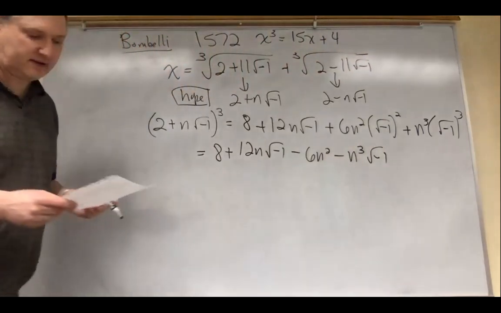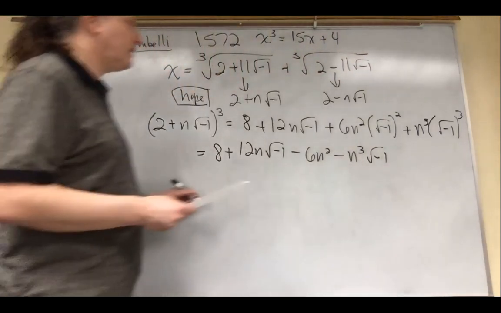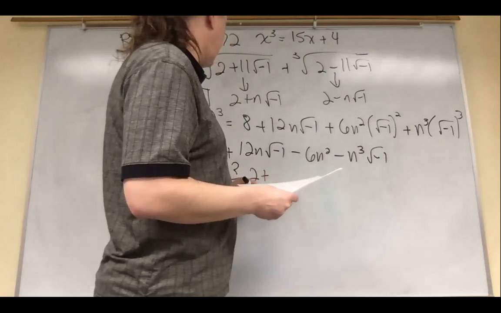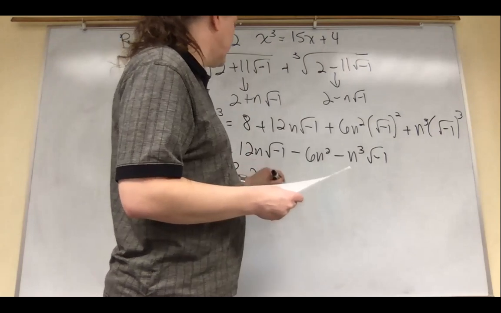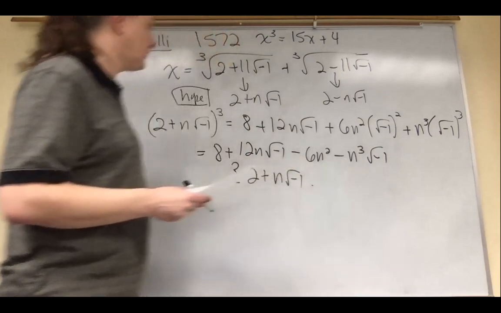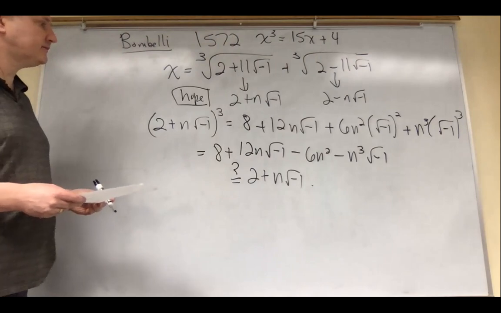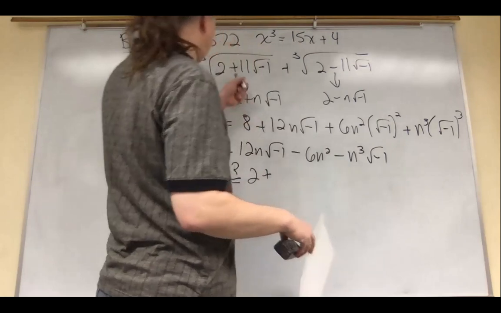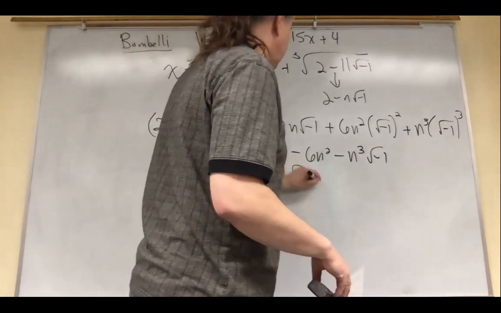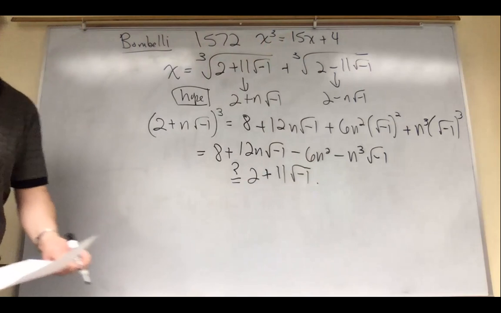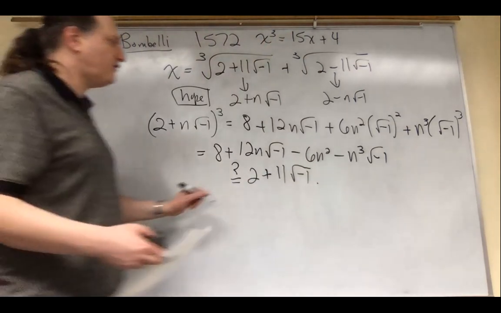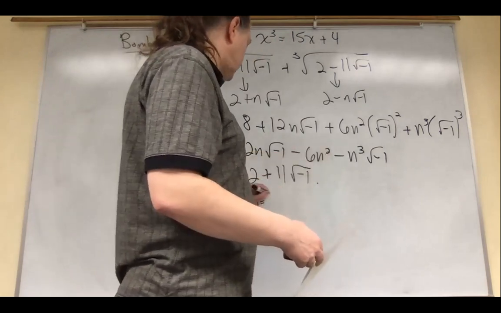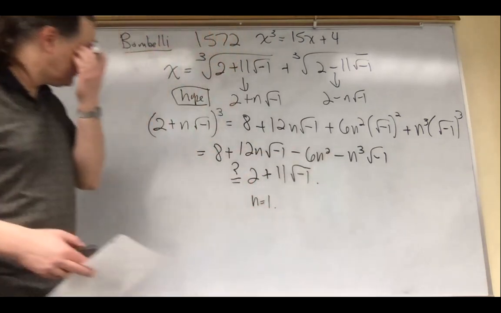And his goal is to get this to equal, as we said, 2 plus 11 times the square root of negative 1. That's something in particular. And notice, we have 8 minus 6 times n squared. If n is 1, that gives me 2.